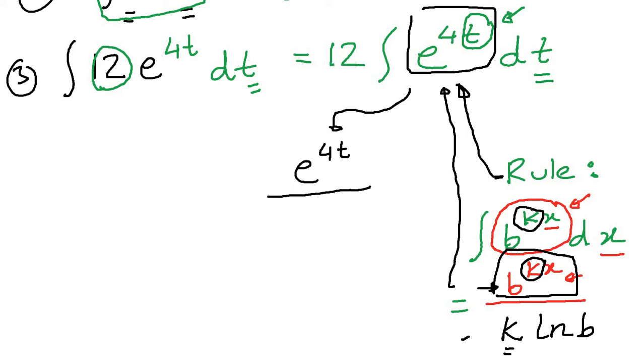Now write whatever is beside t, whatever is beside the independent variable, write it in the denominator, and then take the ln of the base. So that is what this rule is telling us to do. We are just following the instruction here. But remember, there is a 12 that is still there, this 12.